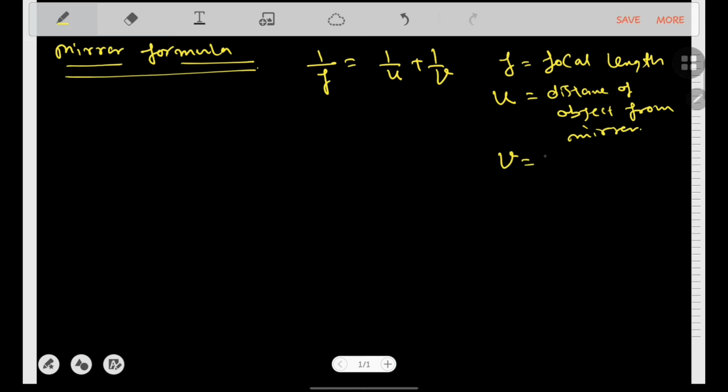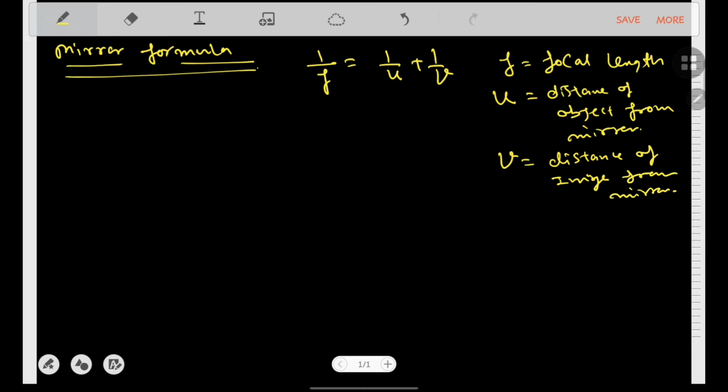V actually stands for the distance of the image from the mirror. Okay, so along with that we need to find out the relation between F, U and V here.